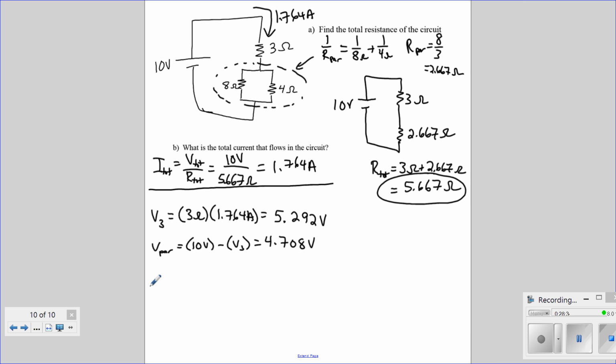And so if I wanted the current through the 8 ohm resistor, it would be the voltage across the 8 ohm resistor, which is 4.708 volts, divided by the resistance of the 8 ohm resistor, which is 8 ohms.